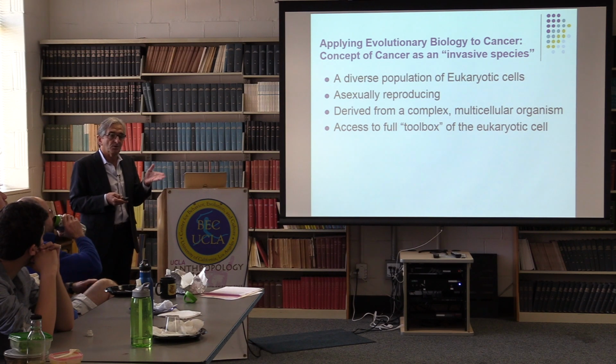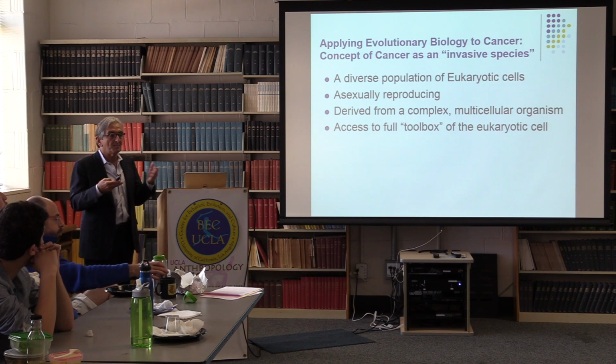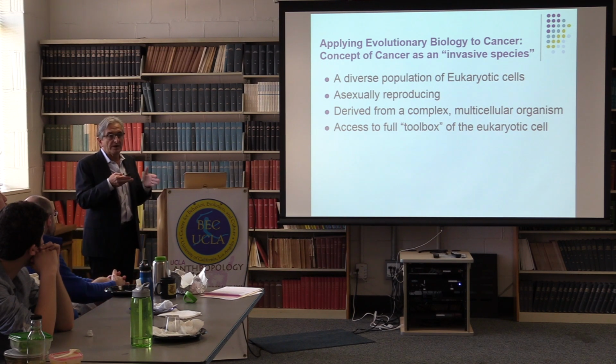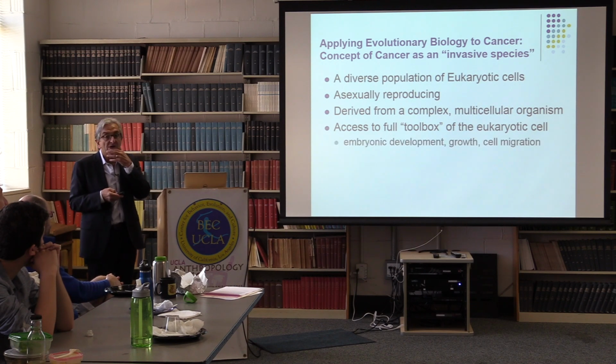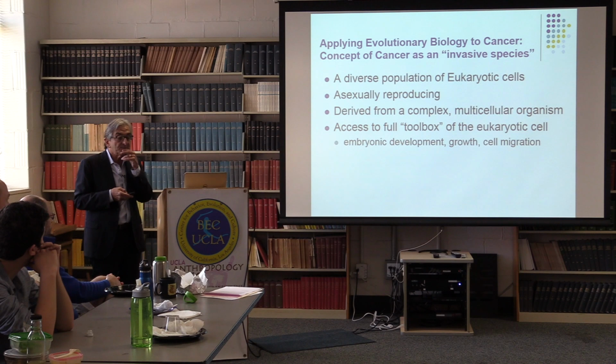And of course, as you know, all multicellular organisms, multi-organ complex organisms require all kinds of programs during embryonic development that could actually be co-opted by a cancer quite easily.